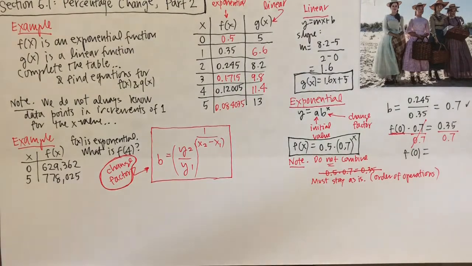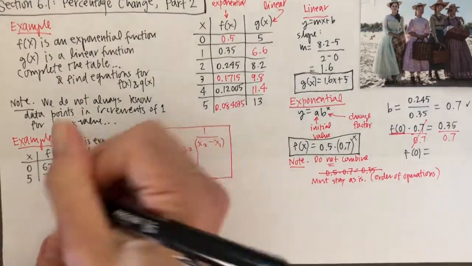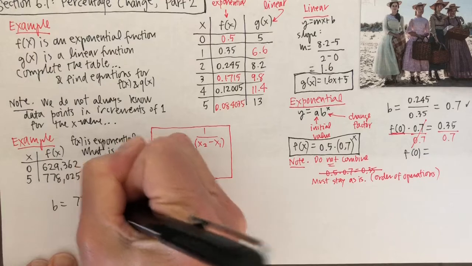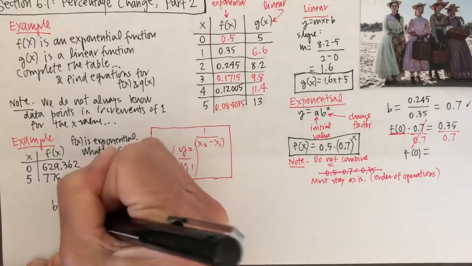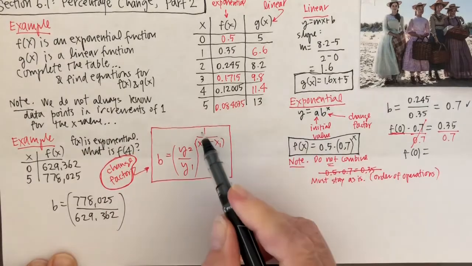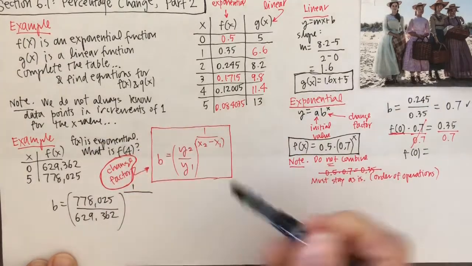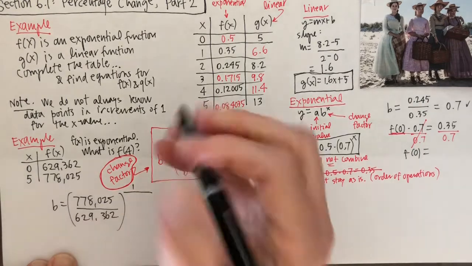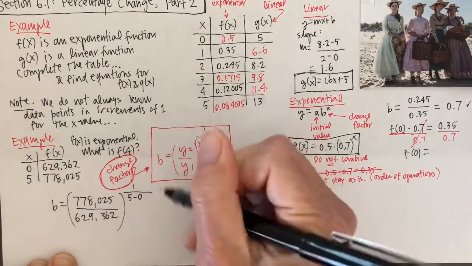So in this case, b will equal y value 2 over y value 1. So 778025 over 629,362 raised to this power, which is 1 over the difference of our x values. That's x2 minus x1, which is 5 minus 0.